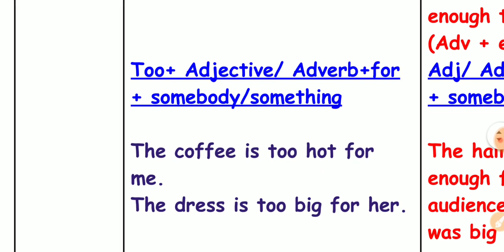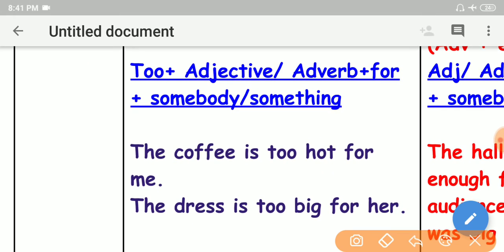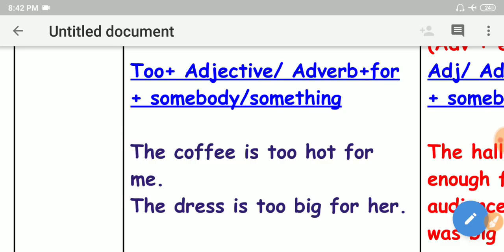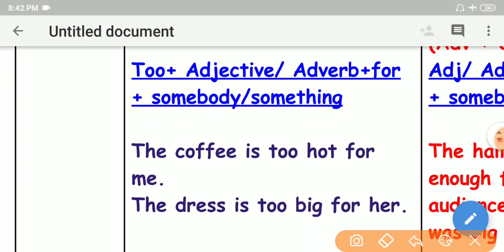So let us go and learn the second pattern. Pattern number 2: too plus adjective or adverb plus for plus somebody or something. This is another pattern of "too" we have in our day-to-day life, my dear friends. You can see: the coffee is too hot for me.